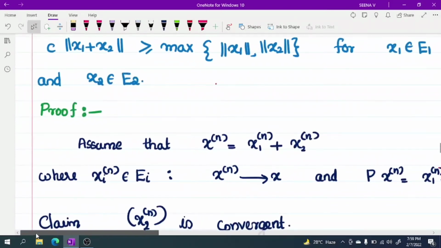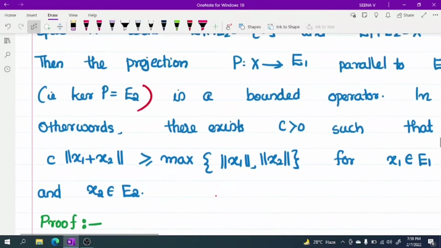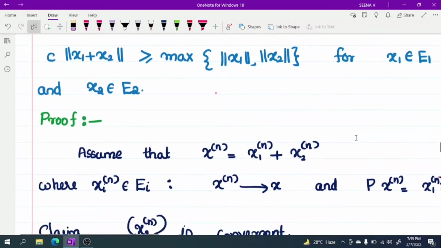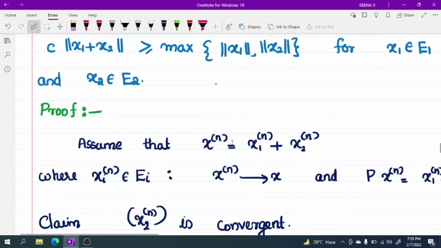So we take a sequence xn, as xn belongs to X and X equal to E1 plus E2, you can write xn is equal to x1n plus x2n. Okay, and we assume that xn converges to x.